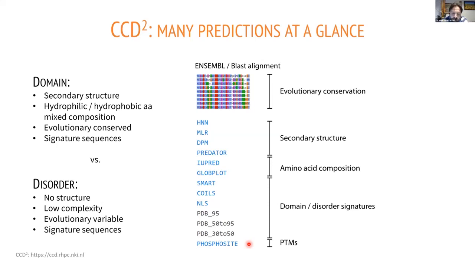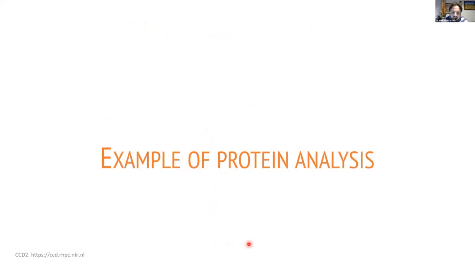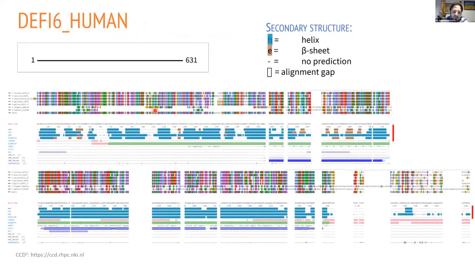So I will show you later how CCD works in a demo, but because we're doing things online, it's easier to simply paste things into a slide so that I don't give everybody seasickness with scrolling. So this is a zoomed out version of the output CCD would give you in terms of sequence analysis.